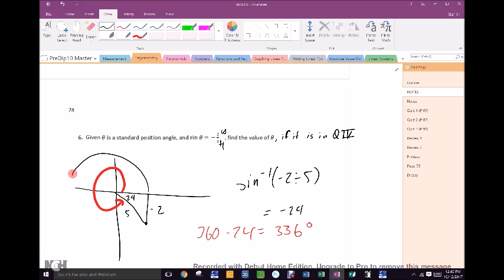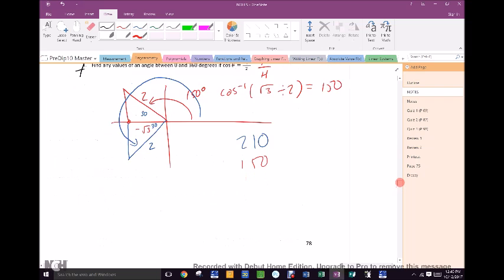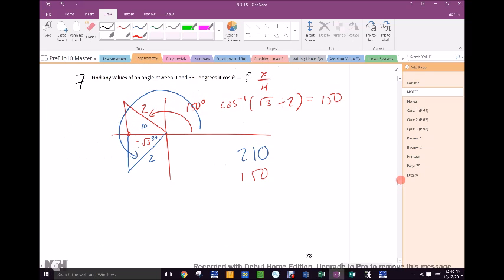Lauren, yep. So why did you go to the third quadrant for question 7? Why could you go into the third quadrant, but you couldn't go into the first? Okay, because in quadrant 1, sine, cos, and tan are all positive, right? And our cosine value was negative.